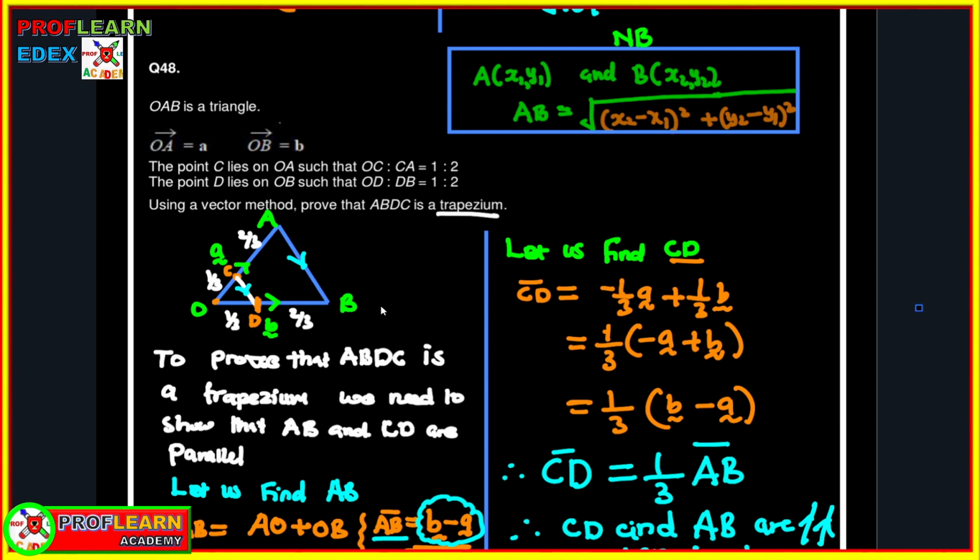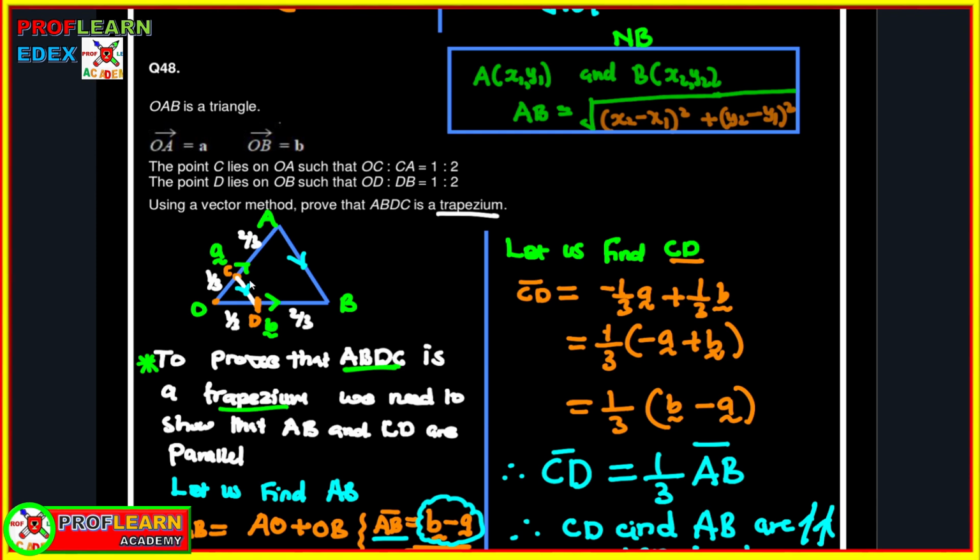And something that you need to remember is that a trapezium has two parallel sides. So in this particular question, this is the strategy that we're going to use. We are supposed to prove that ABCD is a trapezium. In order to prove that, we need to show that AB and CD are parallel.